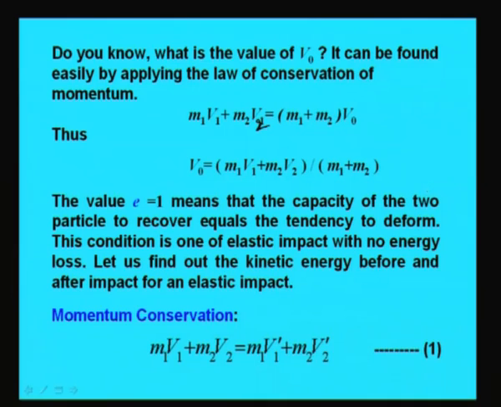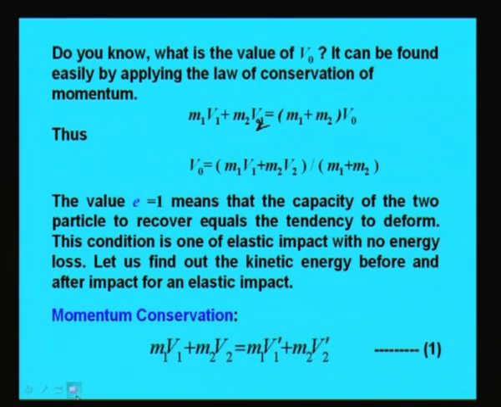We have not talked about kinetic energy yet, but now we will show that there is no energy loss in this case. Let us find the kinetic energy before and after impact for an elastic impact. We have the momentum conservation equation: M1 V1 plus M2 V2 is equal to M1 V1 prime plus M2 V2 prime.